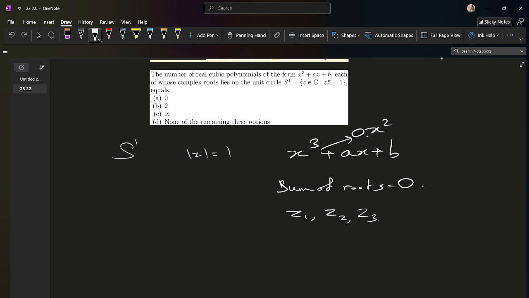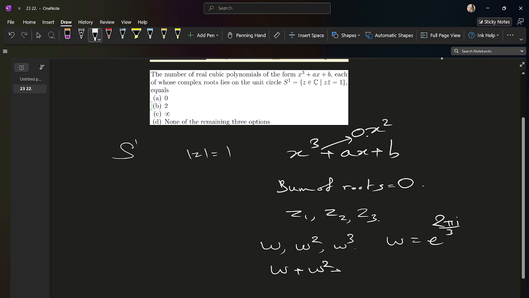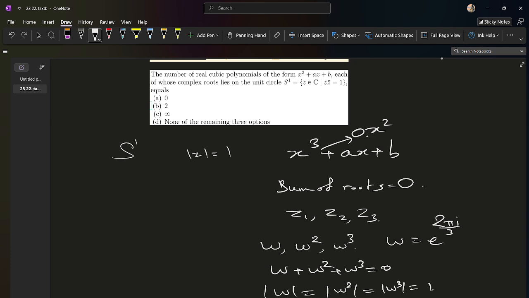Let the roots be omega, omega square and omega cube, where omega is equal to e to the power 2 pi i by 3, a primitive cube root of unity. We all know that these roots satisfy omega plus omega square plus omega cube equals 0, and all the absolute values are 1.